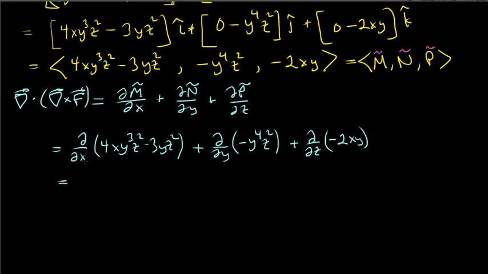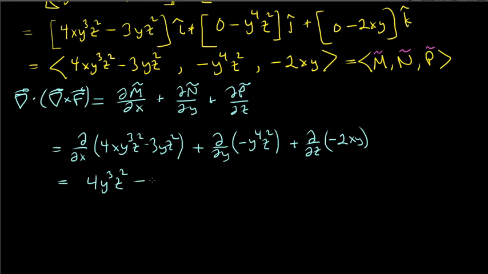So what do we get here? If we take the partial with respect to x, we're just going to get 4y cubed z squared, minus 0 here, because there's no x in that term.